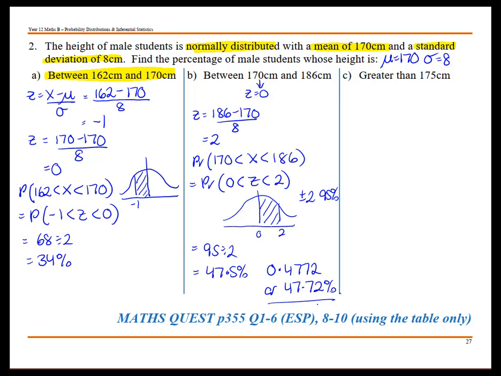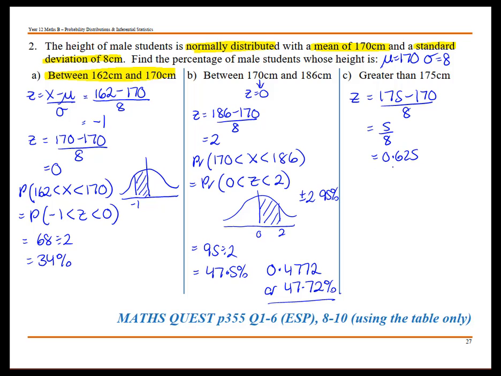The last one, greater than 175, so my Z is 175 minus 170 divided by 8, so that's 5 divided by 8, going to my calculator, that ends up being 0.625.